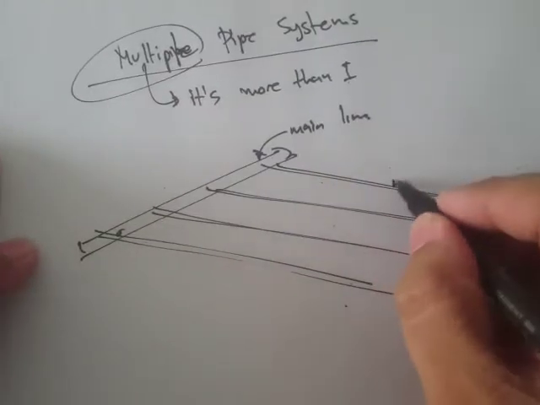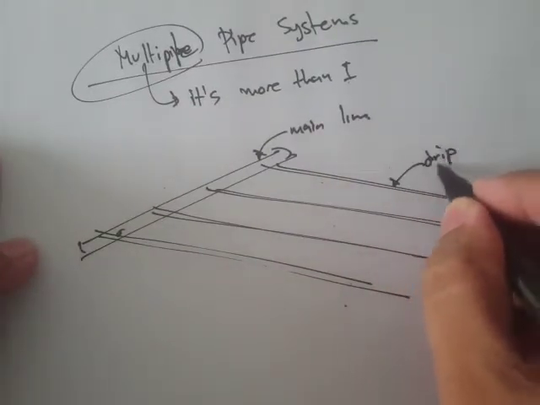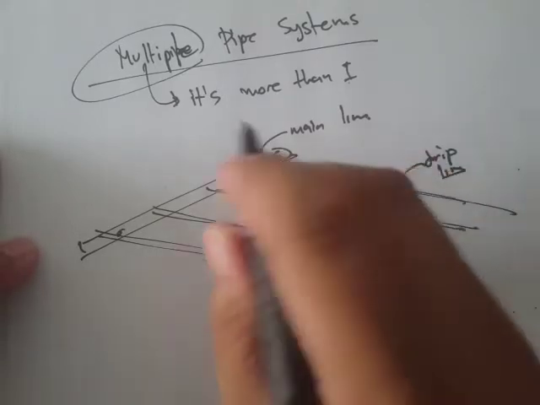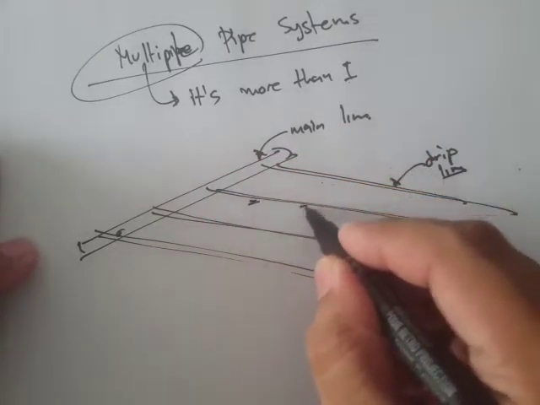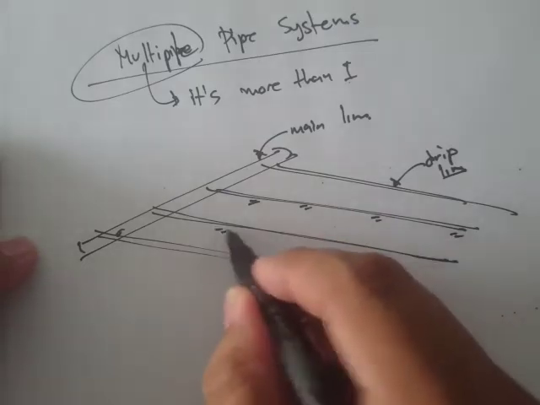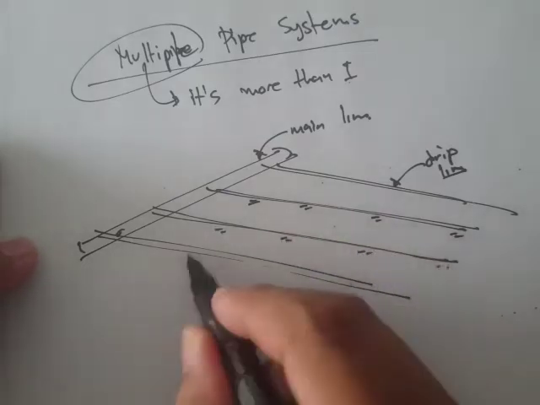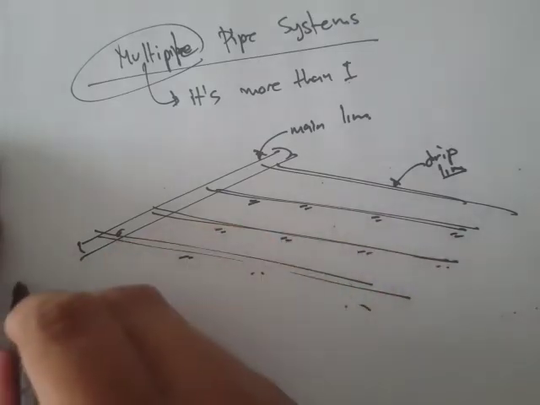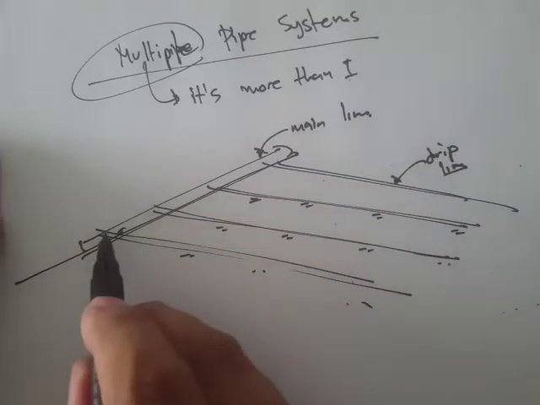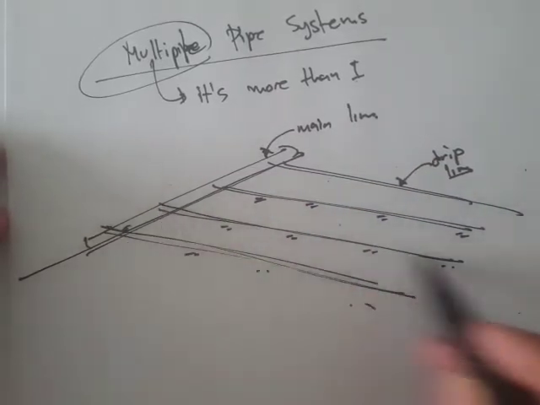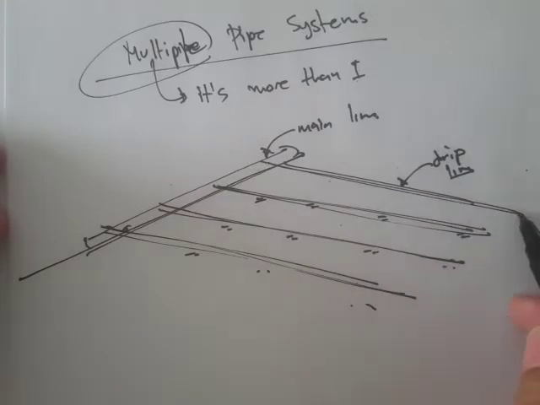Okay, so let's say this is our drip line, and here's our plant, for example, and then another plant. Okay, so from the water source, it distributes into these branching pipes.